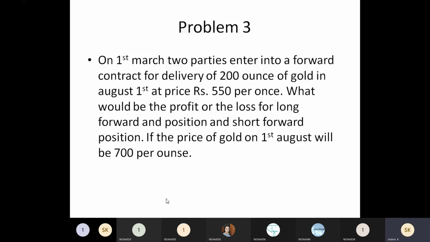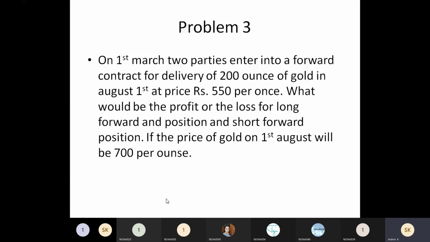What would be the profit or loss for the long forward position and the short forward position? Okay. So that means you need to find out whether the buyer is going to get a profit or loss, or the seller is going to get a profit or loss. So you need to identify who is the gainer and who is the loser.